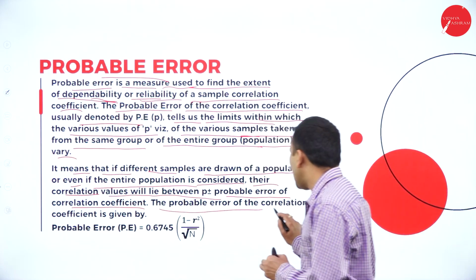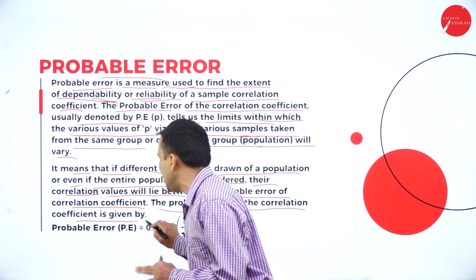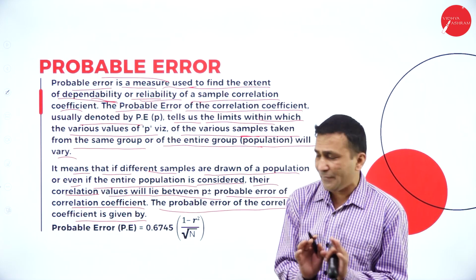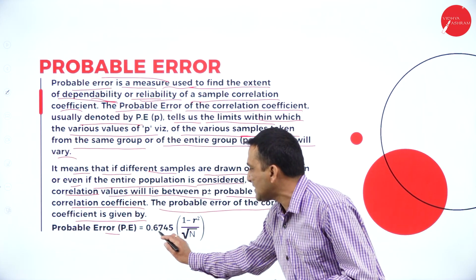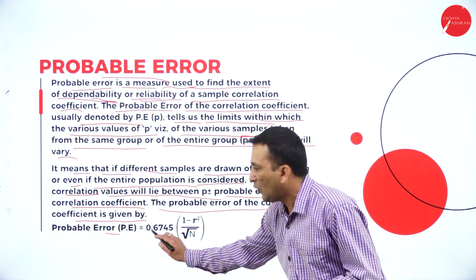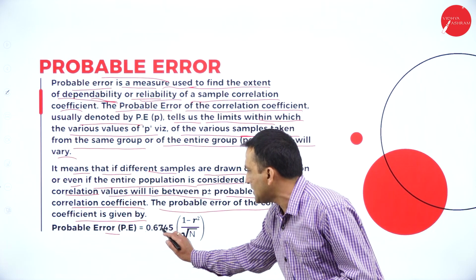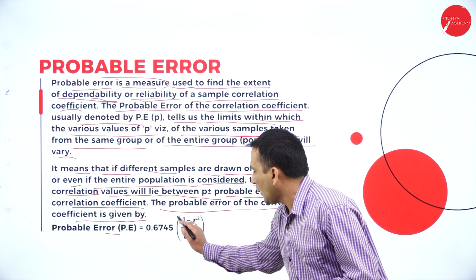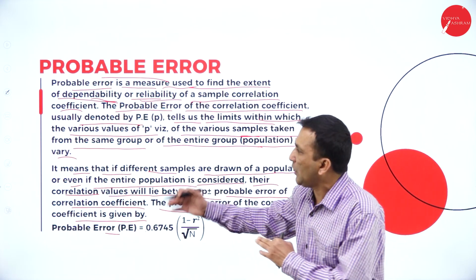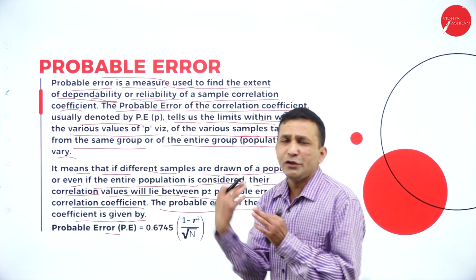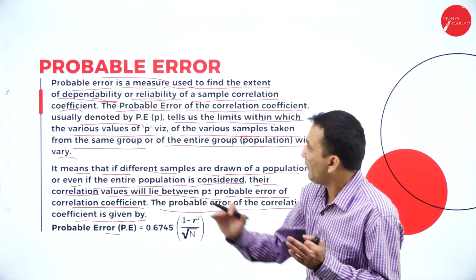The probable error of the correlation coefficient is given by a standard formula, in which the constant value is always 0.6745, multiplied by (1 minus r squared) divided by root n. Here r is the correlation we have calculated, using Pearson or Spearman.